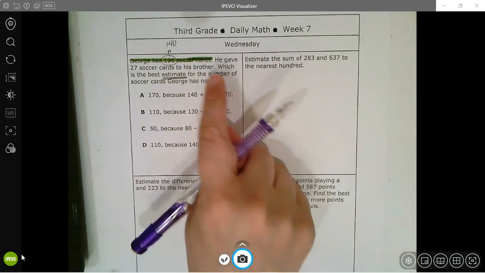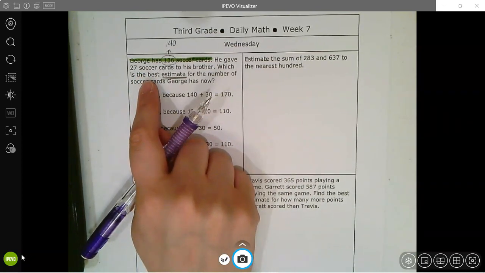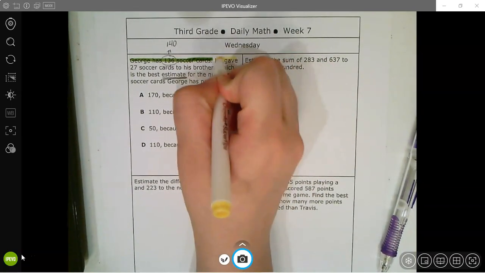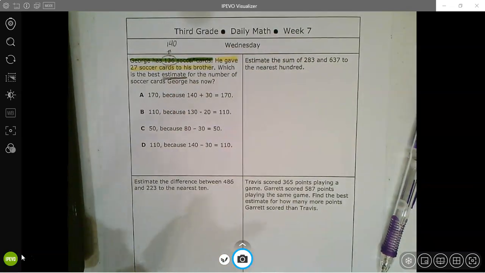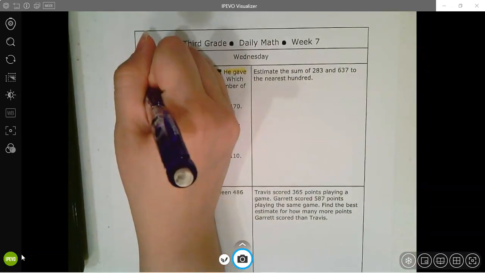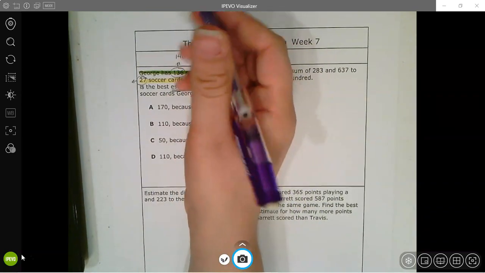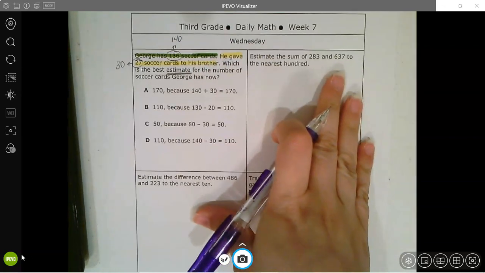Okay? He gave 27 soccer cards to his brother. So now I'm going to take the number 27 and round it into an easier number for me to work with. And so 27 is close to 30.